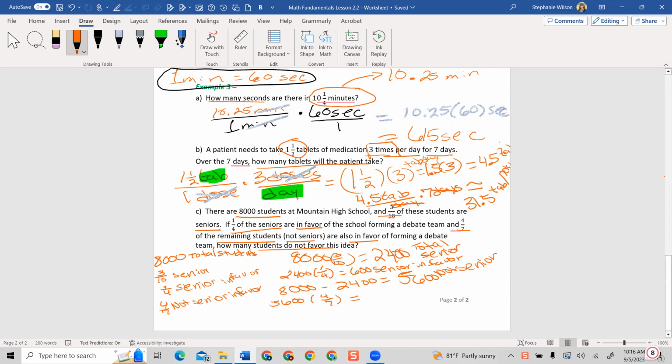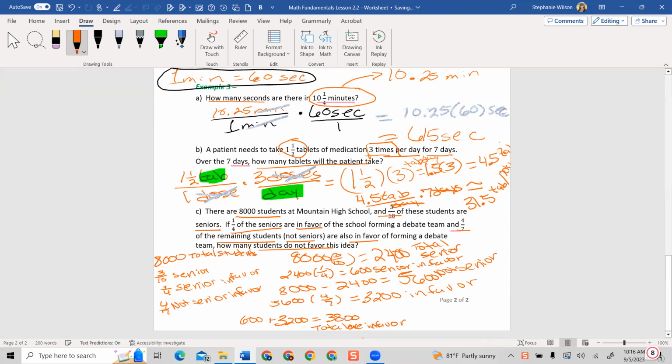When we divide it by 7, that gives me 800. And then 800 times that 4 gives me 3,200. So these are the underclassmen that are in favor. Now let's take the total seniors in favor plus the total underclassmen in favor, and it gives me 3,800 total students that are in favor.